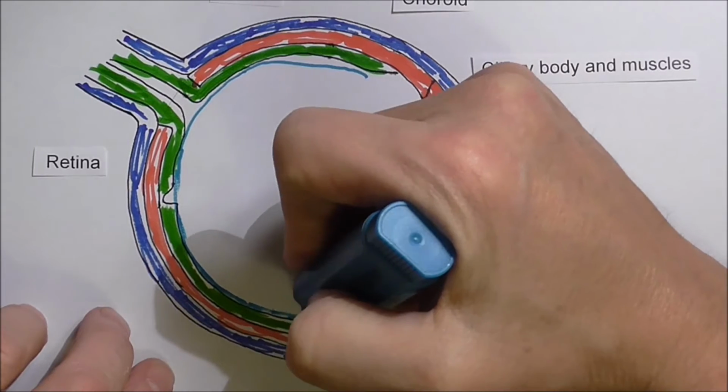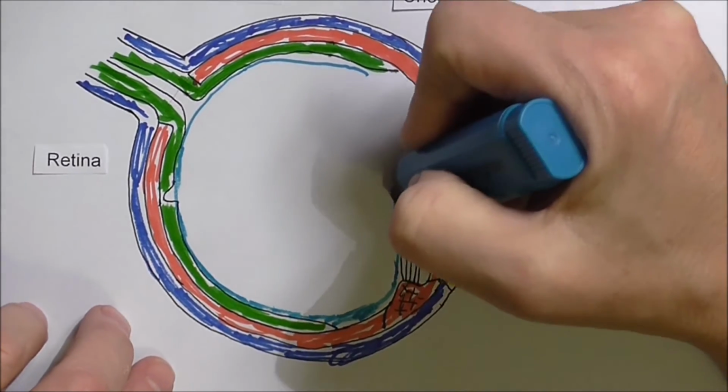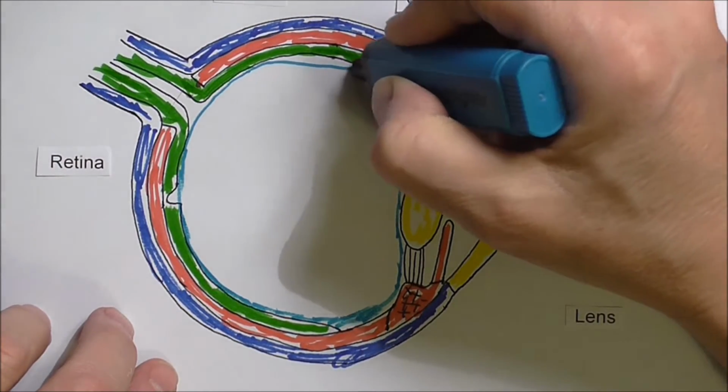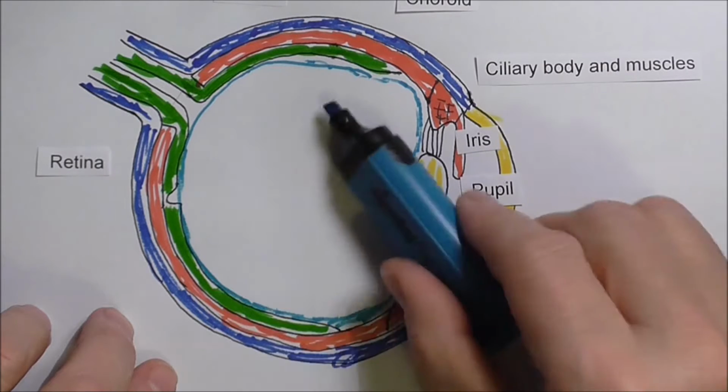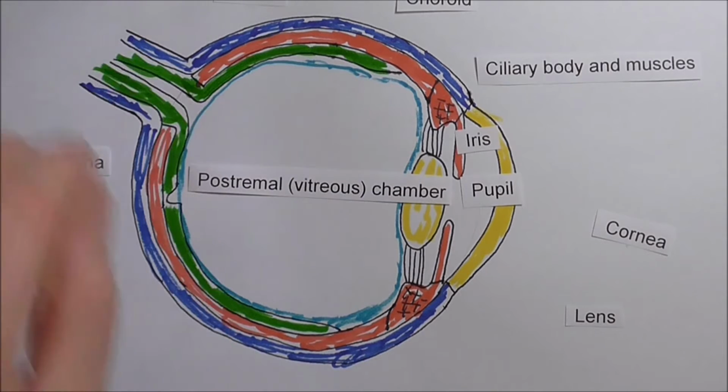It takes up most of the back of the eye. So all of this middle part is the vitreous body. The vitreous body. There we are.